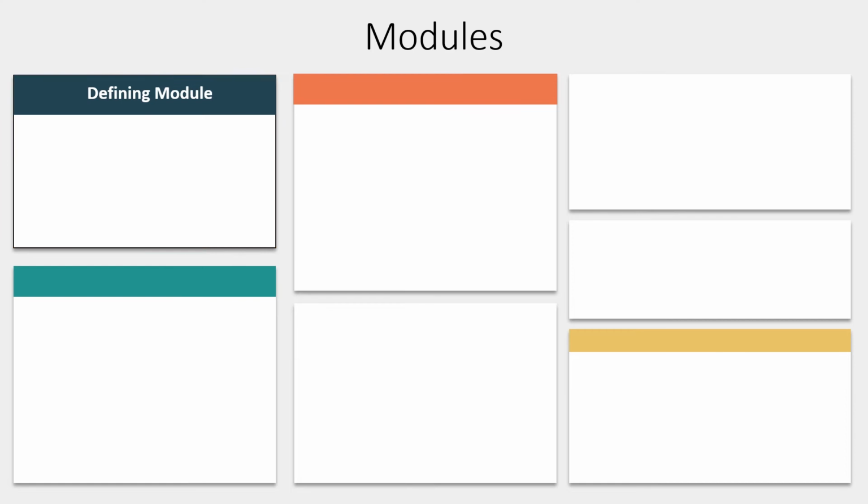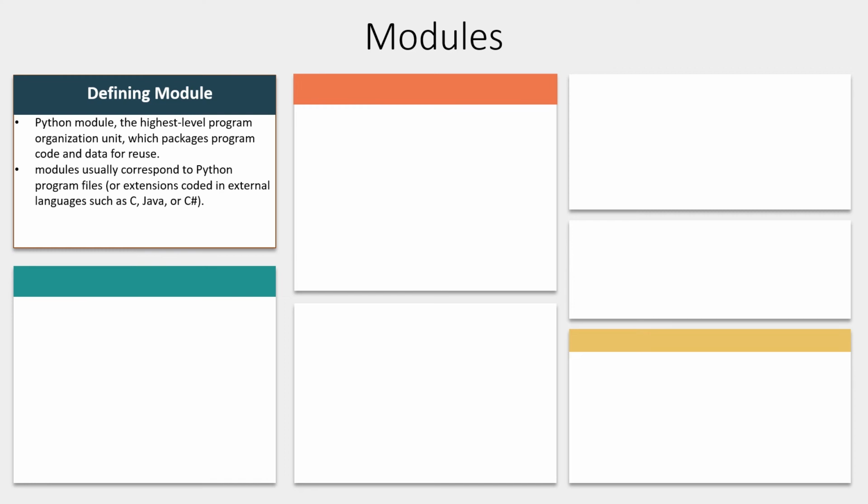Python module is the highest level program organization unit which packages program code and data for reuse. And second, in concrete terms, modules usually correspond to Python program files or extensions coded in external languages such as C, Java or C#.